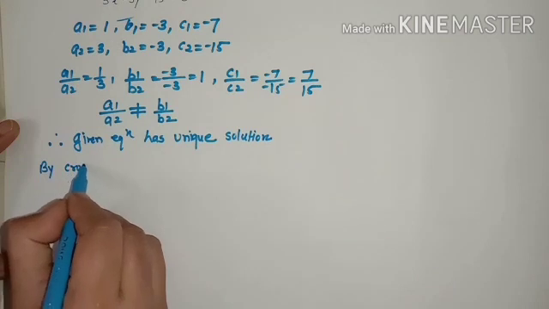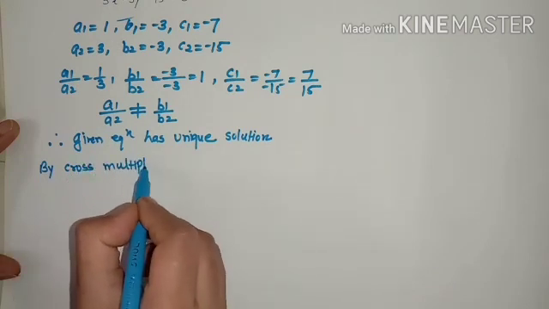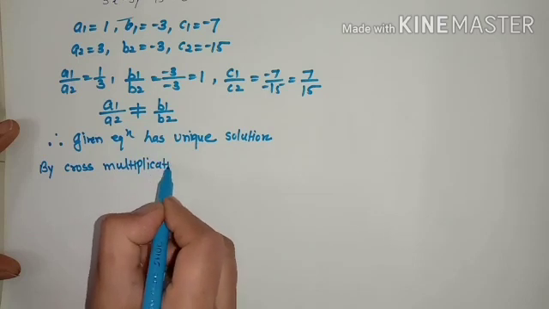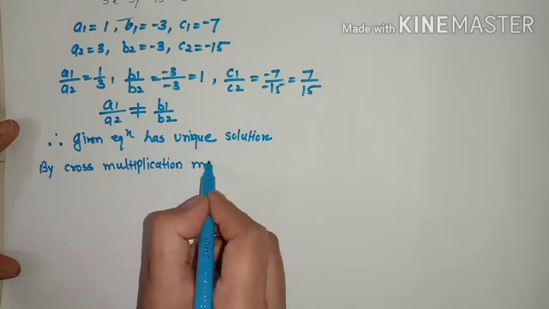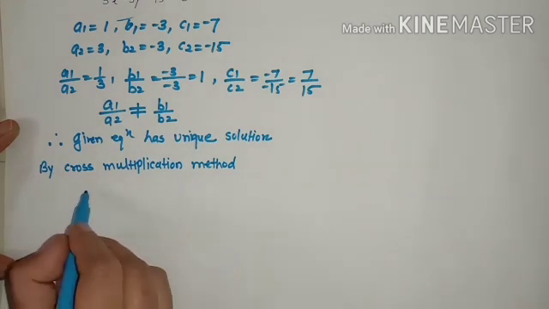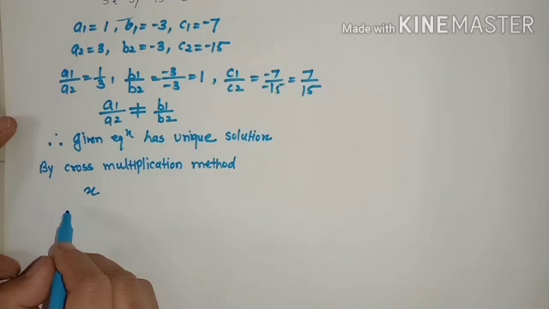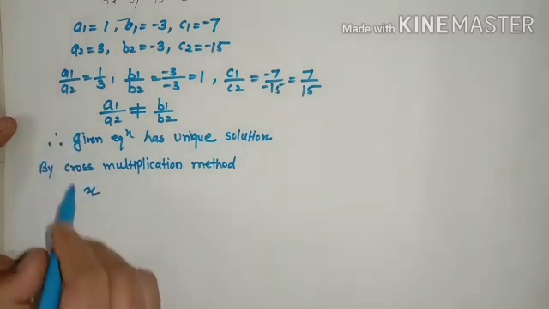By cross multiplication method, first we will arrange the coefficient and constant term behind x. What will we write?